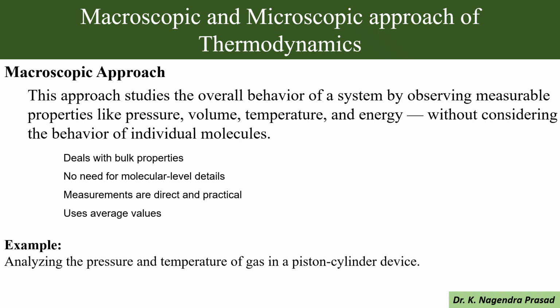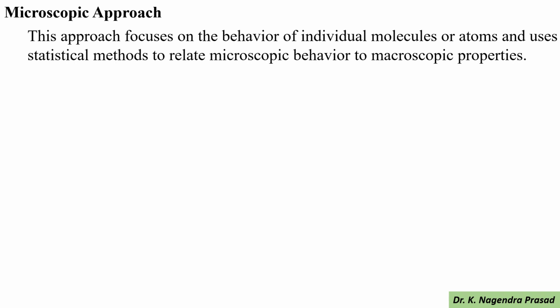So next we have to look at the microscopic approach. The microscopic approach focuses on the behavior of individual molecules or atoms and uses statistical methods to relate the microscopic behavior to macroscopic properties.